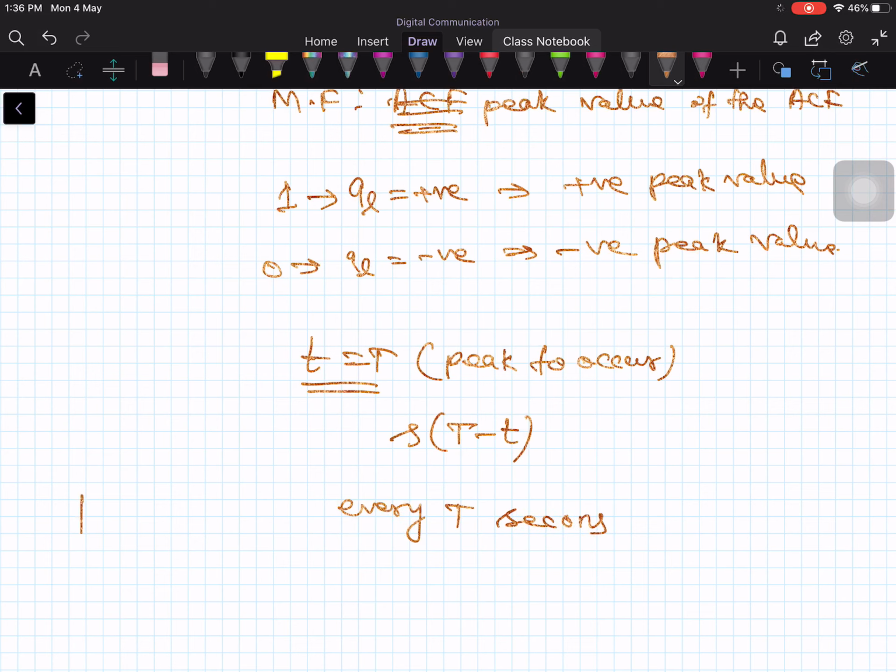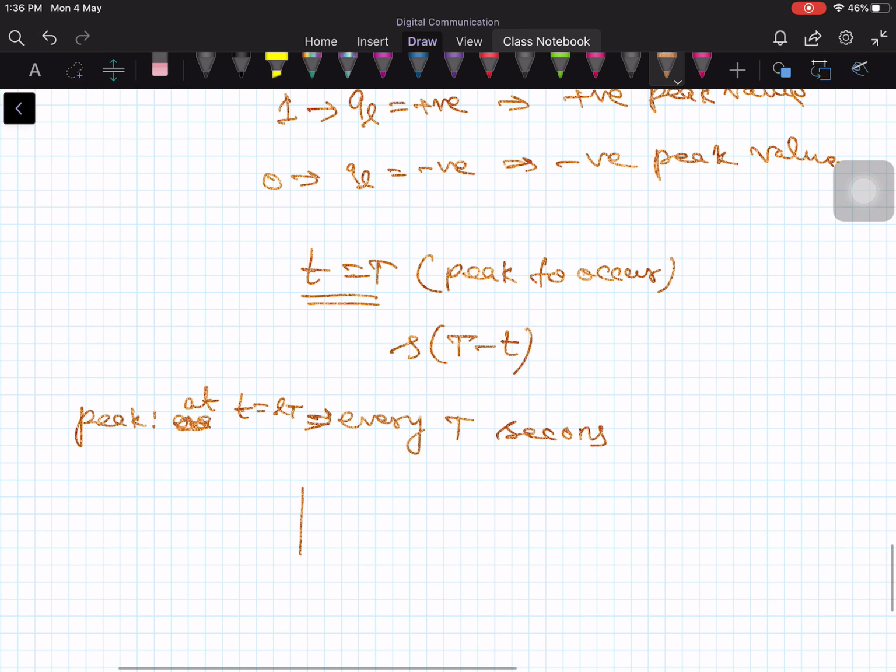The peak value occurs at every t equal to LT. That implies every T seconds it is peaking. Okay, and it doesn't imply that the matched filter output is 0 elsewhere, right?